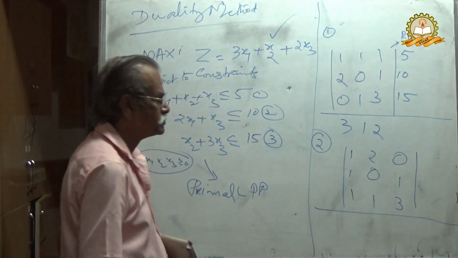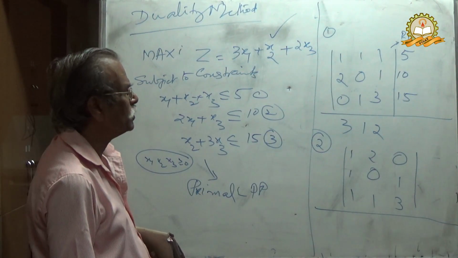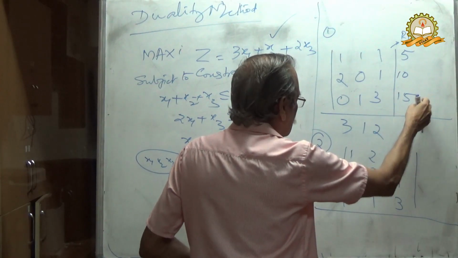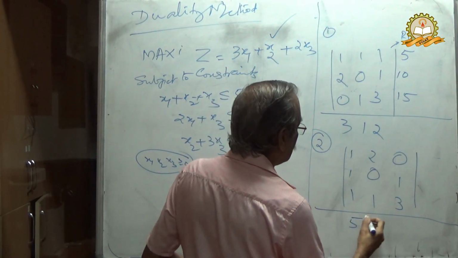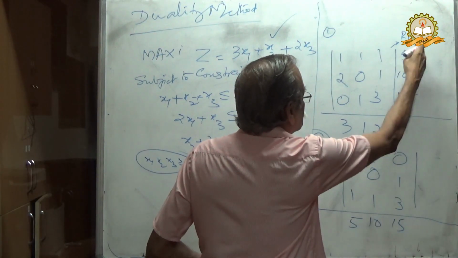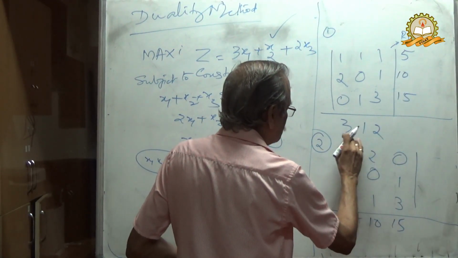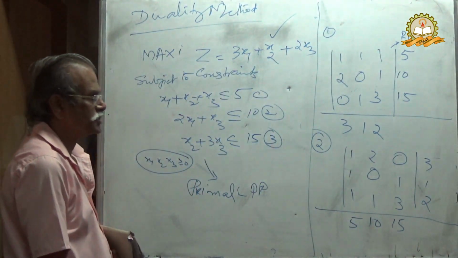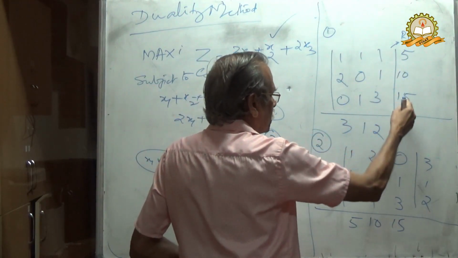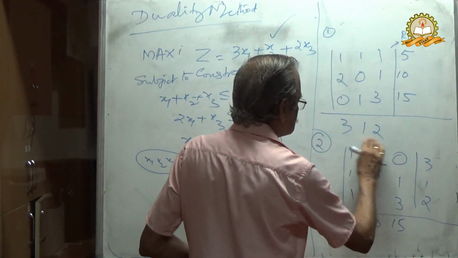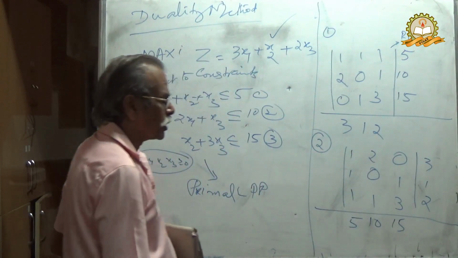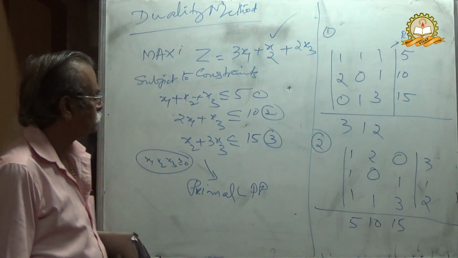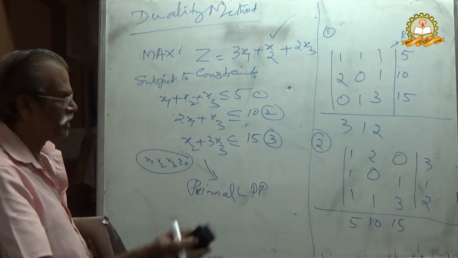Similarly, the column 5, 10, 15 changes into a row, and the row 3, 1, 2 becomes a column. Therefore, we have obtained all the data.